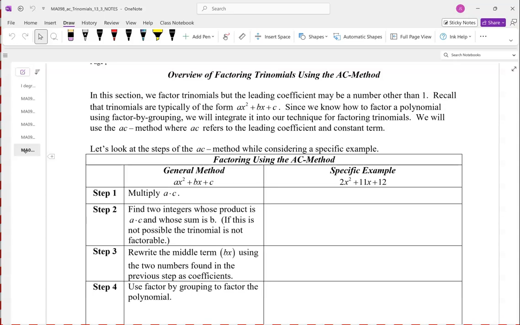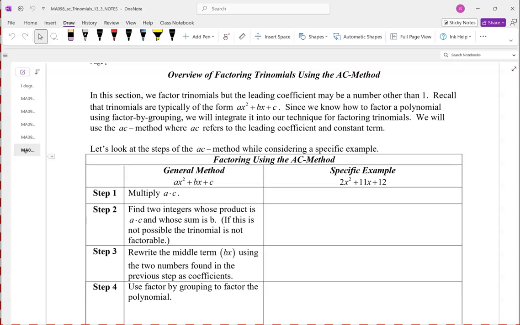The reason why we call it the AC method is because ordinarily when we write a trinomial, we write the x squared first, we write the x second, we write the constant third, and then we label the coefficients with letters and we use alphabetical order. So A, B, C. So the AC method involves the number that's multiplied by the x squared, that leading coefficient, and the constant on the end.